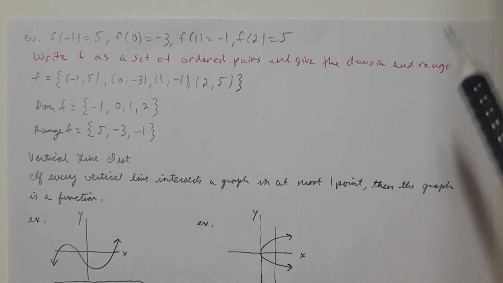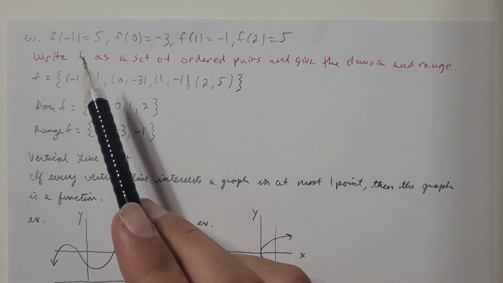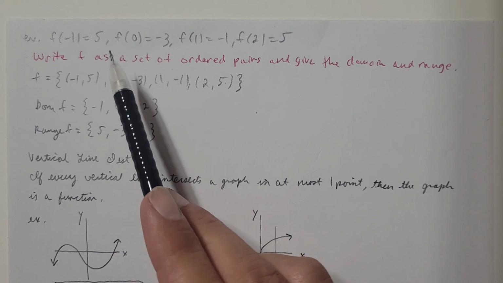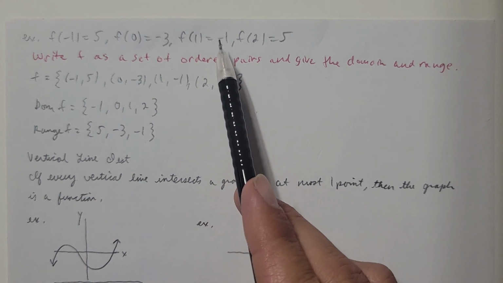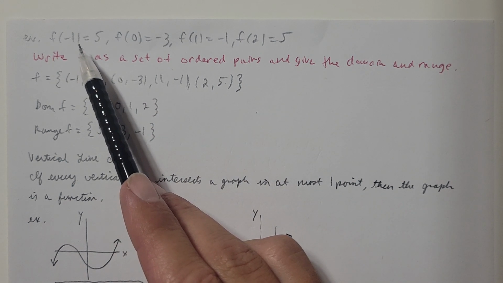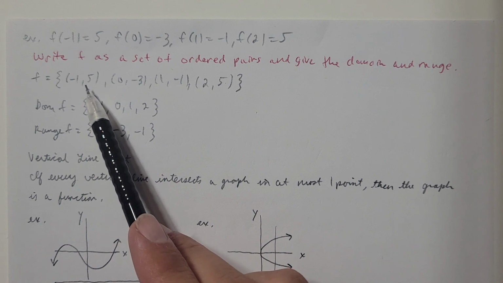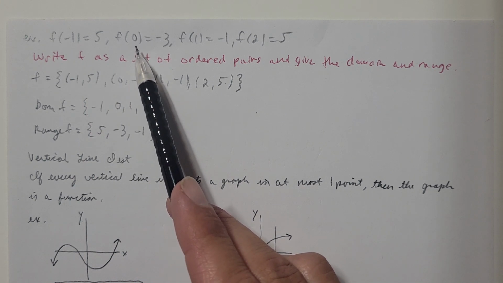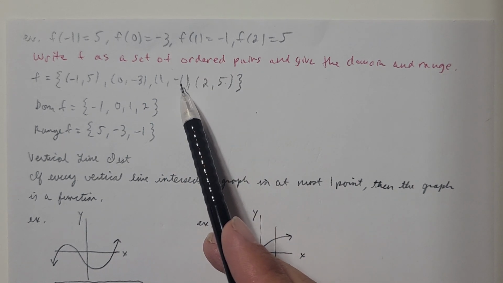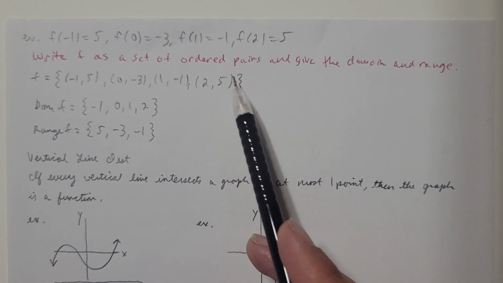Okay, so well, the numbers that are on the left side of each equation, those will be the x values, and the numbers that are on the right side are going to be the y values. So the first point would be (-1, 5). The next point would be (0, -3). And then (1, -1). And then (2, 5).